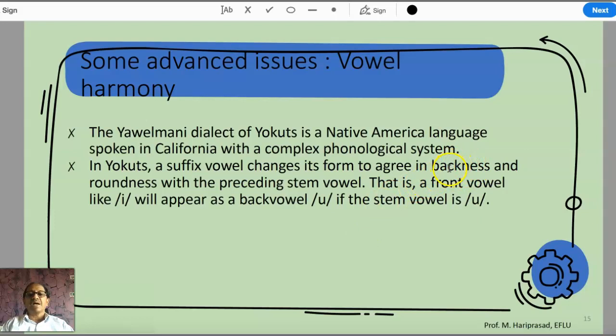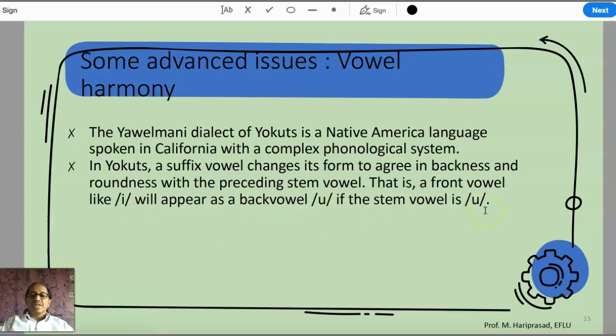If the stem has a back vowel, the vowel in the suffix also changes to back. If the vowel is round in the stem, the vowel in the suffix also changes to round. For example, a front vowel e will appear as back vowel u if the stem vowel is u.